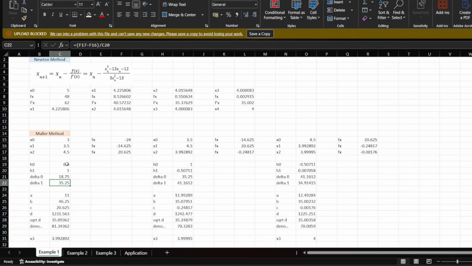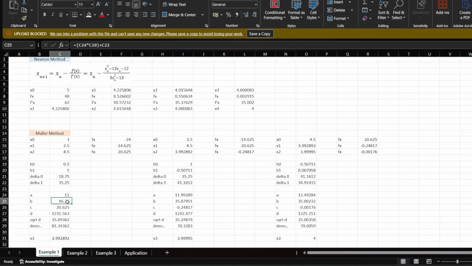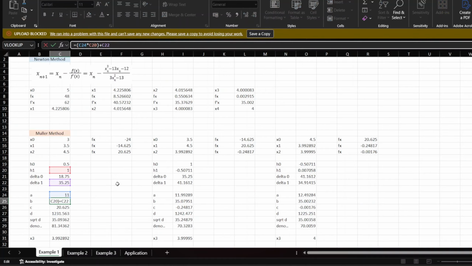So using this format, with four values, we get A, B, C, D. First of all, we use A first. A is delta 1 minus delta 0, and then divide by the combination of h1 plus h0. So we get A, and then B is delta 1 plus A times h1.